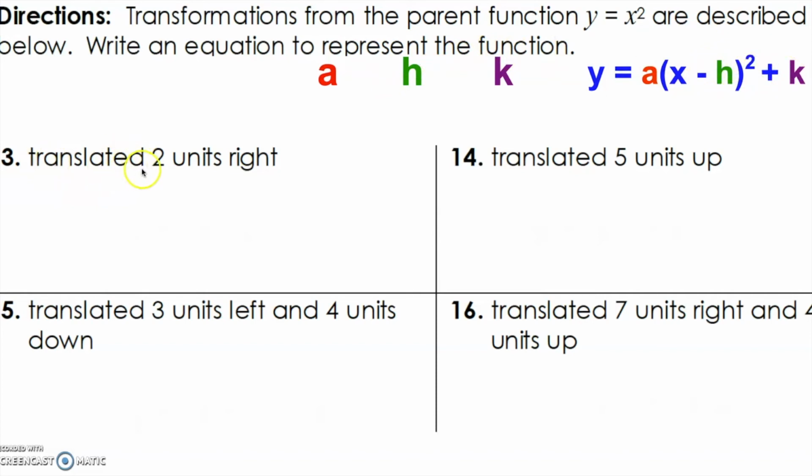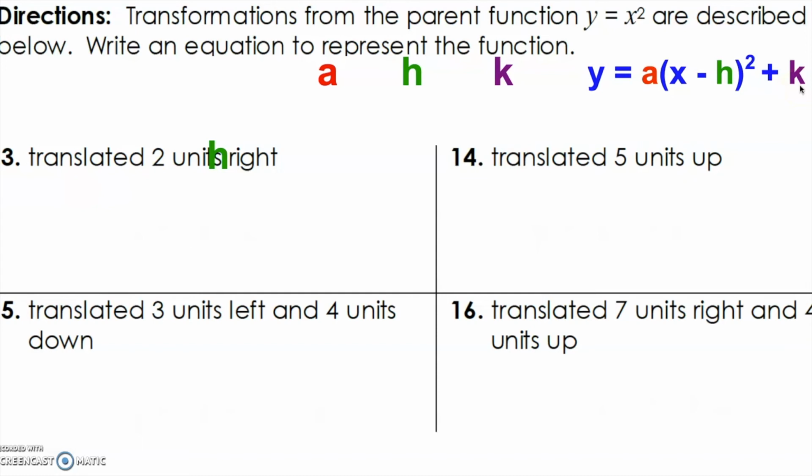So if we translated 2 units to the right, which of those variables affects a right movement? That would be our h value. If that's our only transformation, all I need to do is replace the h. The a and k values are not going to change from what they are in the parent function.